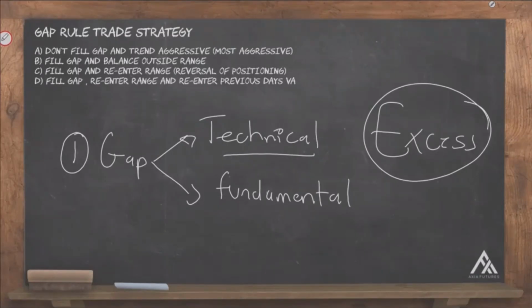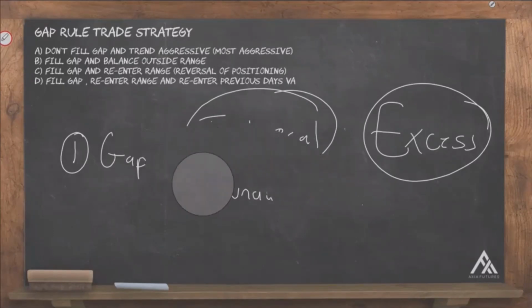Now, the reason is because technical gaps have a higher probability of actually filling, not just in that session, but in sessions thereafter. Whereas fundamental gaps, on the other hand, have a slightly lower probability of filling within that session, and even sometimes later sessions. So that's the first thing we want to interpret when talking about gaps and excess.